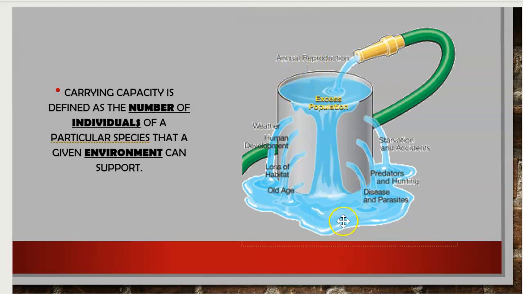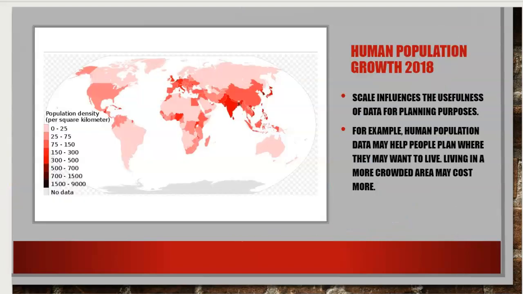All of these are things that influence the population. Well, when you see this spill out, this excess of population, we have reached our carrying capacity. We can no longer provide resources for the people in the environment.